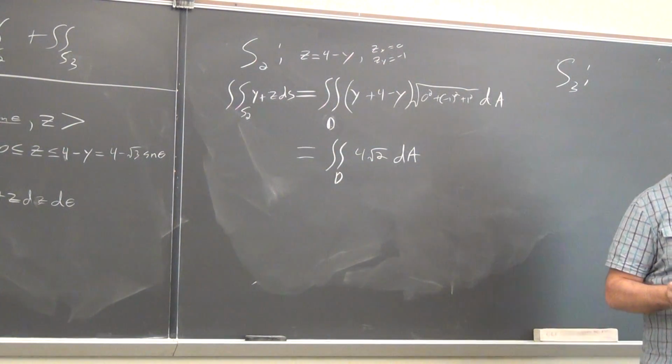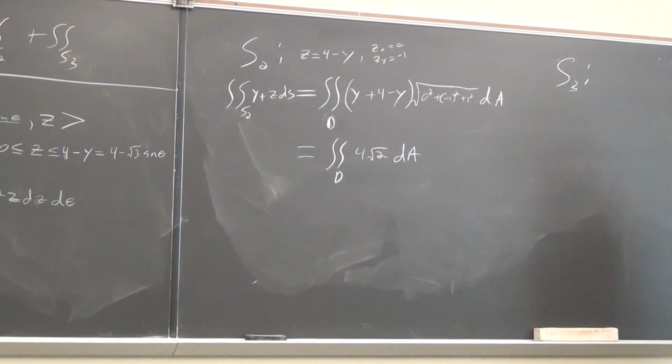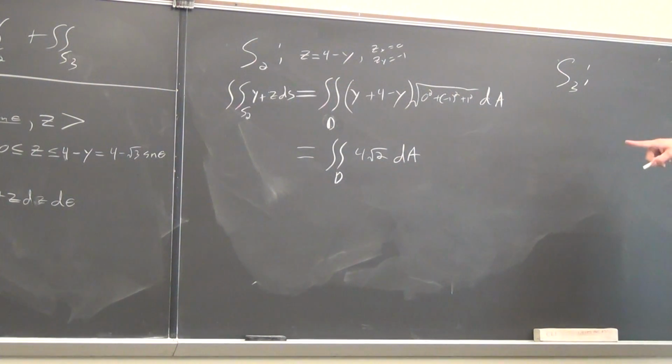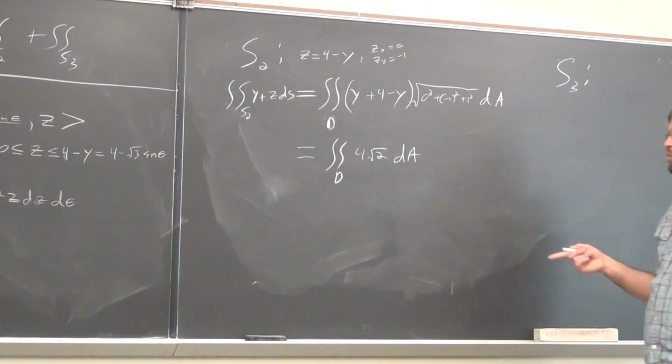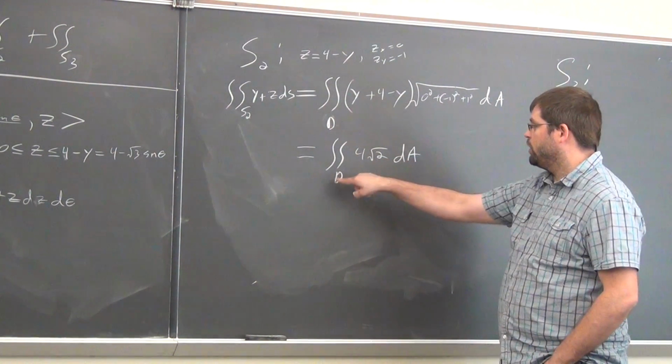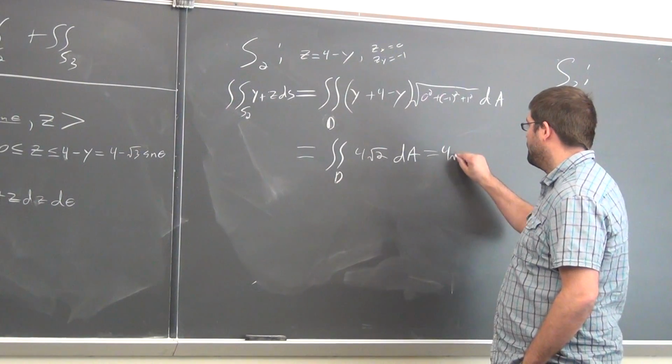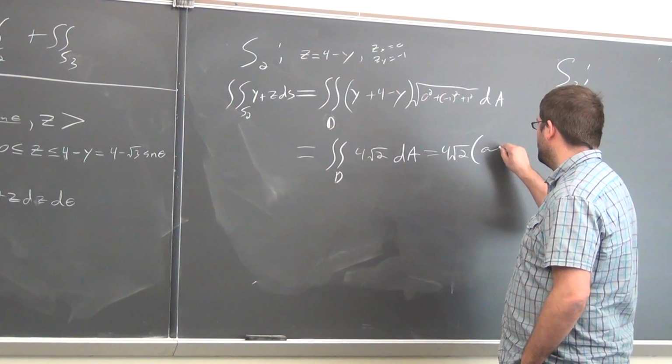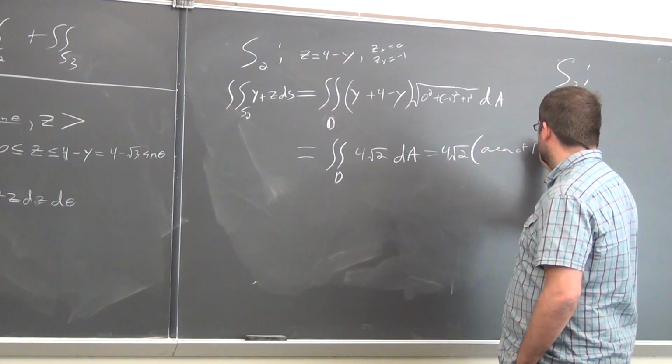And then this time, what is your D? It's the circle of radius square root of 3 down in the plane, right? And so you could, I suppose, convert to polar coordinates and do it that way. Or you could just realize that if you integrate a constant over a region, it's just, I'll just write it out, area of D, right?